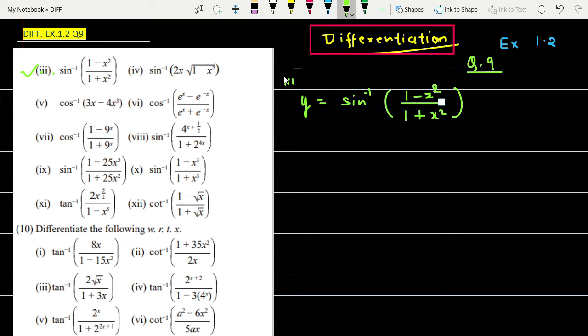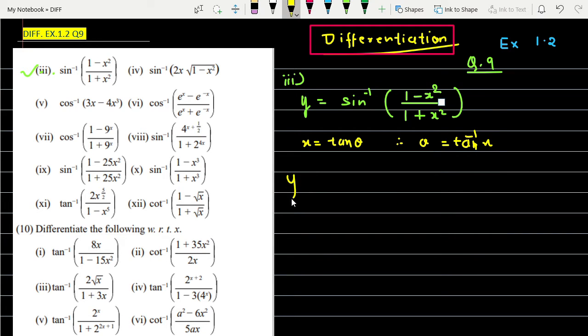So this third sub-question, y is equal to sin inverse of (1 minus x square) upon (1 plus x square). Here we have to do a substitution: we put x is equal to tan theta. Therefore theta is equal to tan inverse of x.